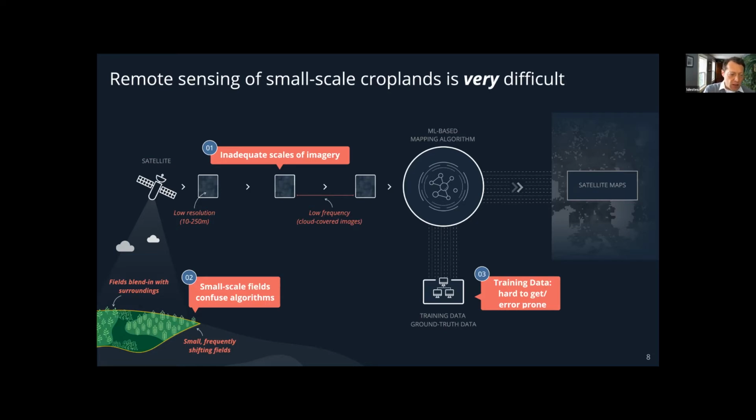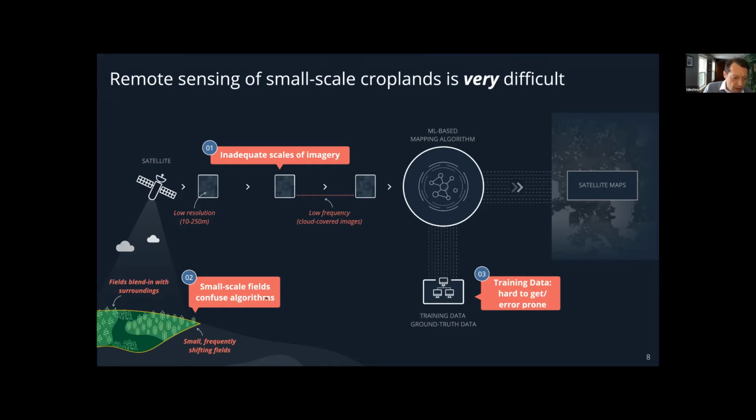The resolution, spatially in some cases, might be too low to get at those smallest field size classes. And if it's not, you often have inadequate frequency, particularly in cloudy regions, where if you want to look at the agriculture within a single year and develop a good cloud-free look at it, at least optically, you don't have enough image density to get that image.